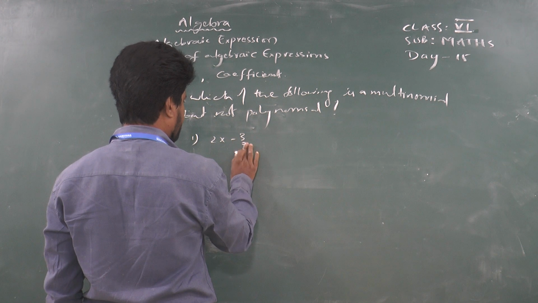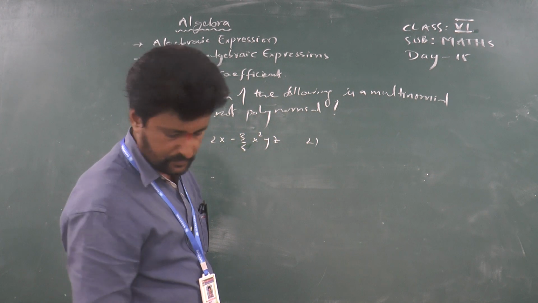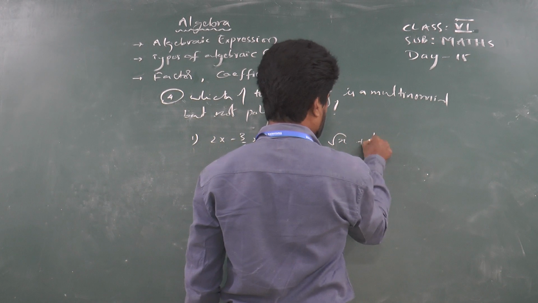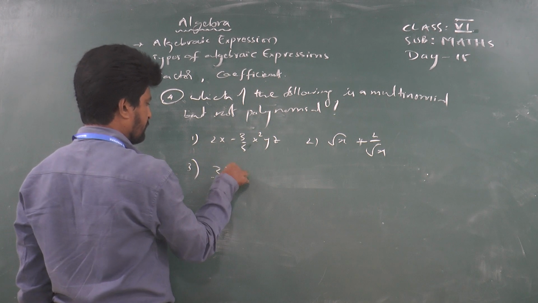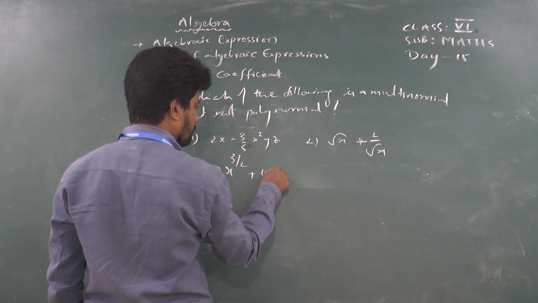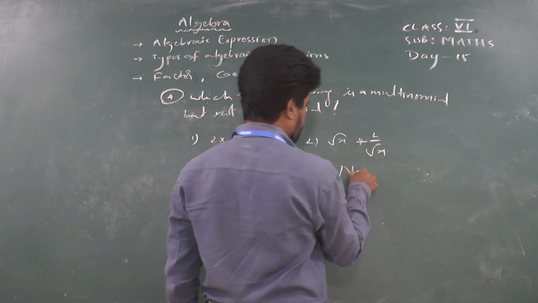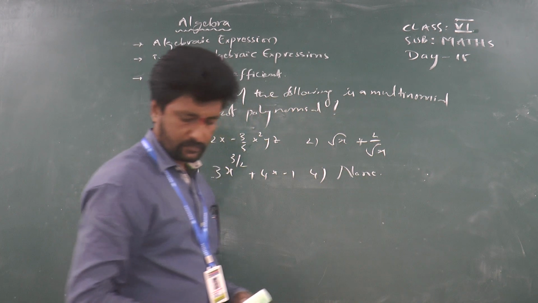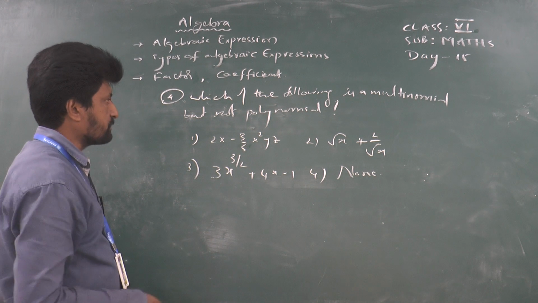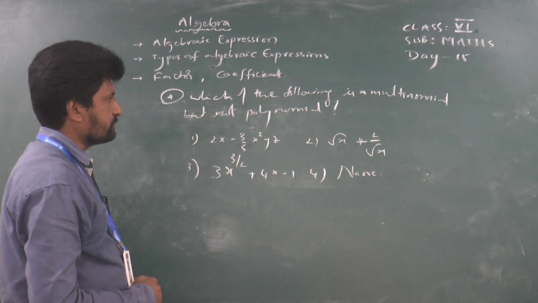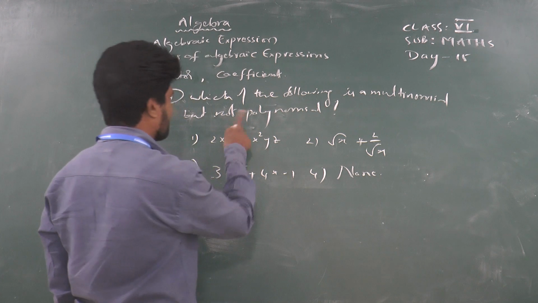Two x minus 3 by 5 x square yz, and root x plus 2 by root x, and third one 3x to the power of 3 by 2 plus 4x minus 1, and fourth all of these. Okay, see here. Here some options are given. We want to identify, among these, which is multinomial but not polynomial.